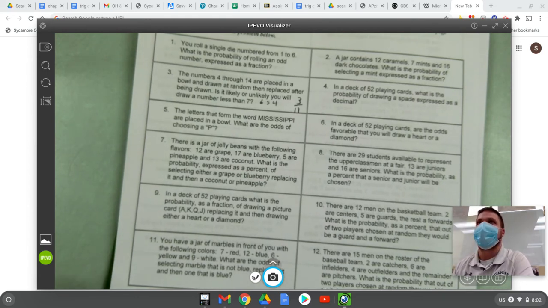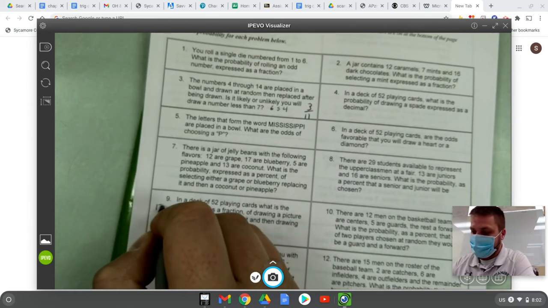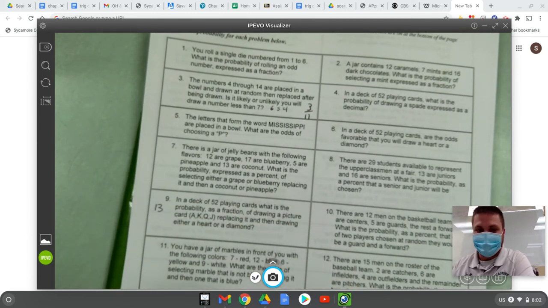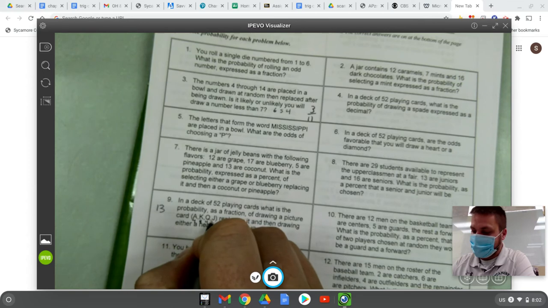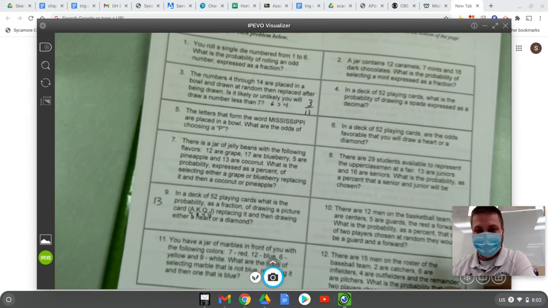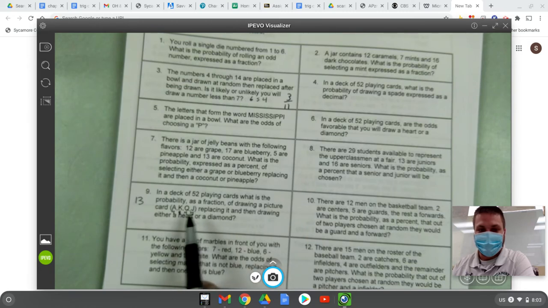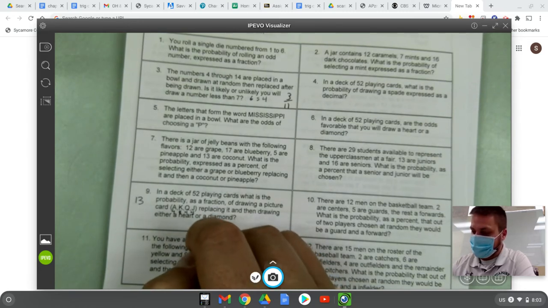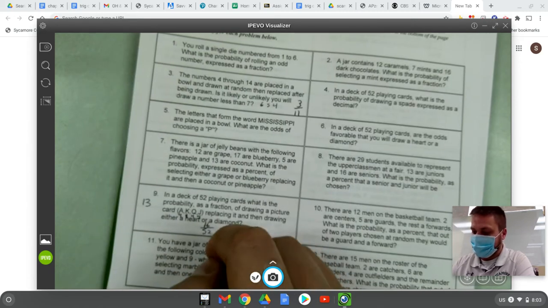There are 13 of each suit: heart, diamond, club, and spade. There's also 4 of every type of card: 4 aces, 4 kings, 4 queens, 4 eights, 4 sixes. So first, what's the probability of drawing a face card? There are 52 total options. Face cards are 4, 8, 12, 16. So 16 out of 52.